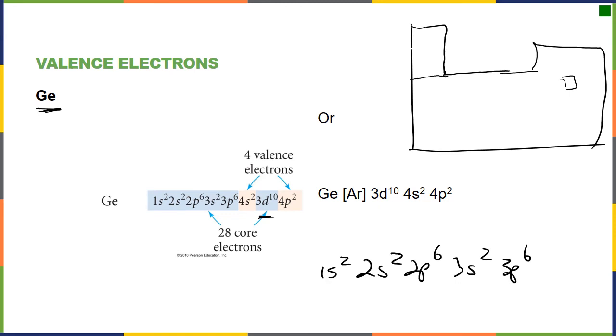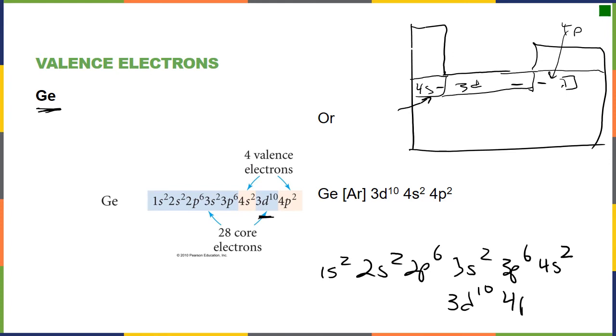And we know that this group right here is the 4s. This group next to it is the 3d. And these right in here are the 4p's. We're going to go straight across for the sake of argument right now. And if we go straight across this, we're going to have a 4s2, these guys right here, 3d10, and then to get all the way to the last 2 electrons in germanium, we're going to have to do 4p2.